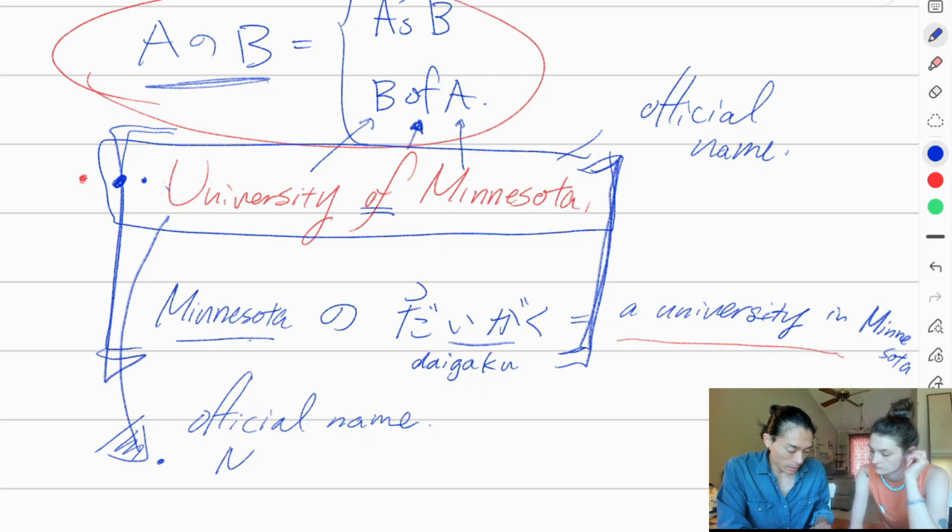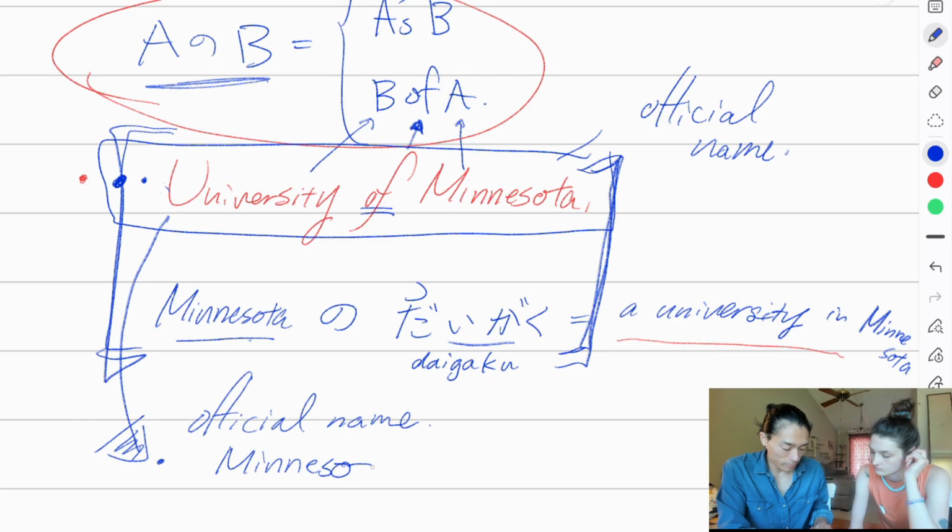So in Japanese, would you say University of Minnesota, just straight up? Good question. So, how do we then specifically mean U of M, right? When you want to say, I study at U of M, for example, we have to go to the Japanese version of the official name of U of M. The official name of U of M in Japanese is Minnesota Daigaku.